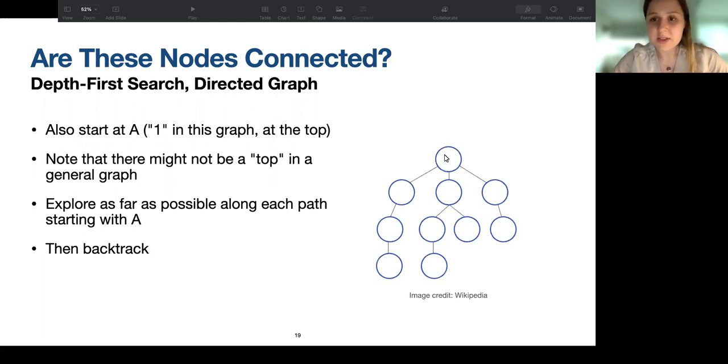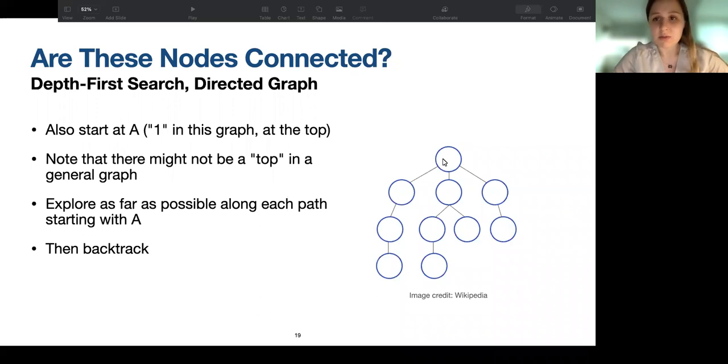But instead of inspecting nodes which are one hop away from A, then 2 hops away from A, and so forth, we would instead aim at inspecting all the paths which start with A. So we will start with this top node, then we will pick one of the children, let's say the leftmost child, and we will try to go as deep as we can into this graph and see if the node which we're looking for lies on this path or not.